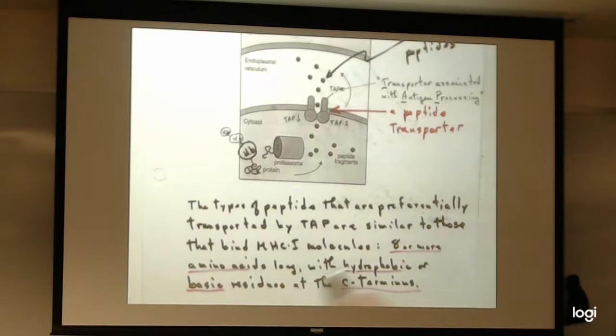For many class 1 molecules, whatever their allelic number, they tend to have either hydrophobic or basic amino acids at the C-terminus. When I use the word residues, it's a chemistry word; we can just substitute amino acid. When I say residue, I mean amino acid.